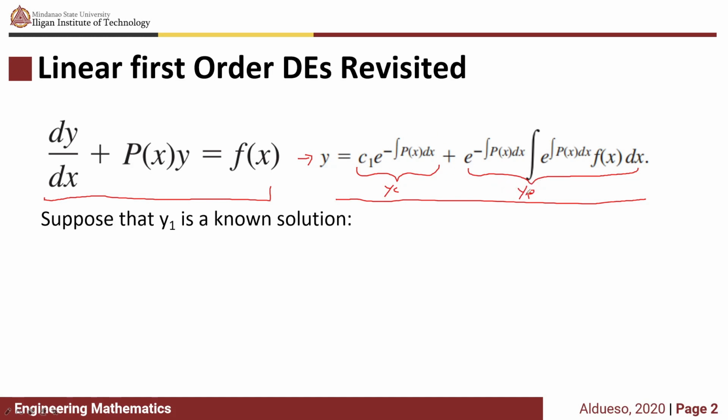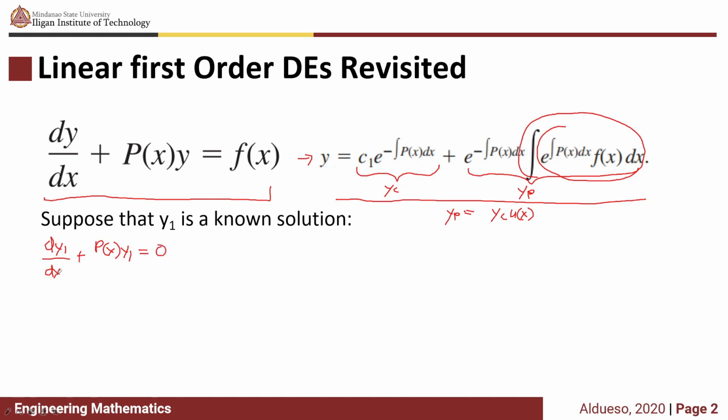Now looking at the particular solution, our yp is just equivalent to yc times some function. Let's label that function as u of x. Suppose that we have y1 as a known solution, where dy/dx plus p of x y1 equals 0.